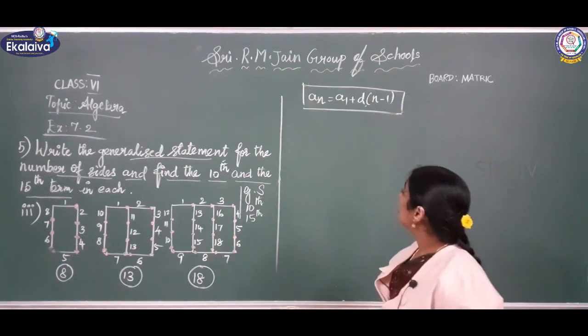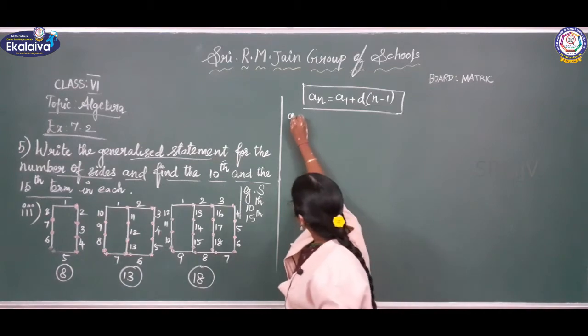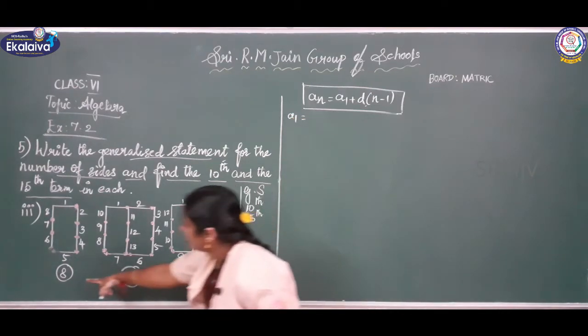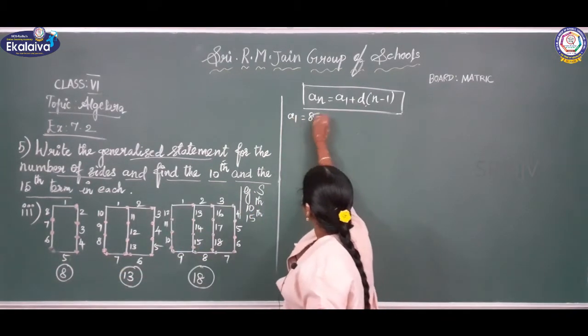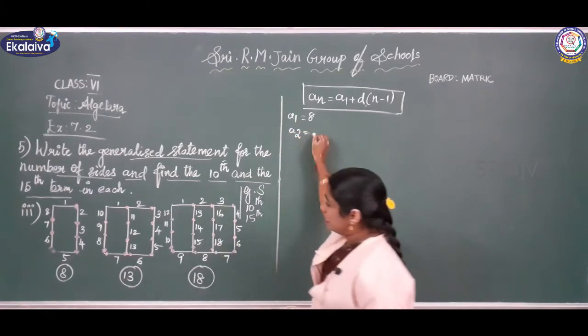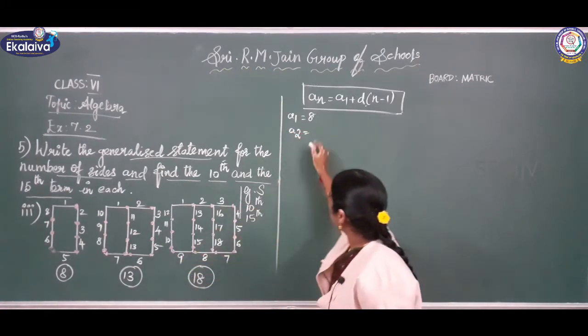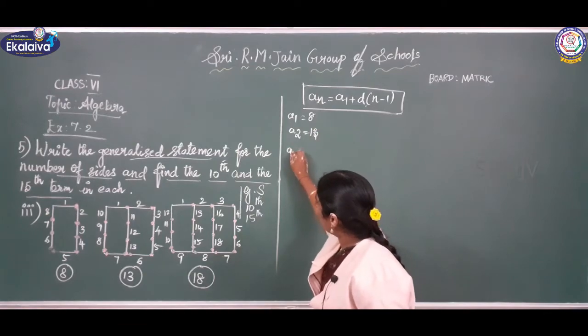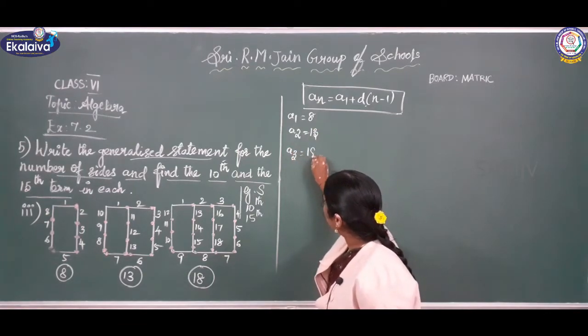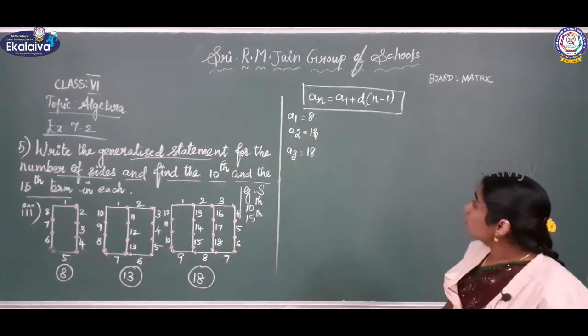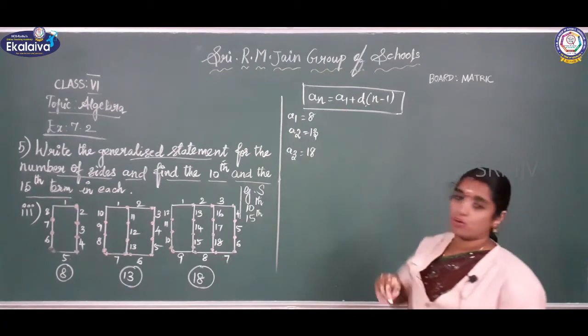See, now what is my a1? What is my first term here? 8. What is a2? 13. And what about your a3? 18. Okay, so now I am going to substitute this in the formula.